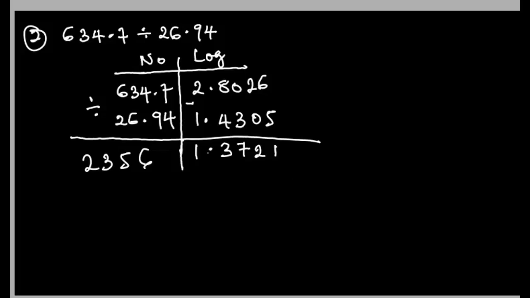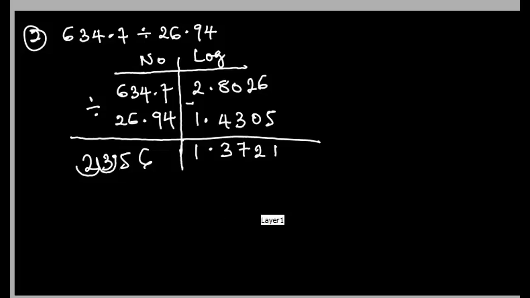And then as we know, look at the whole number here is 1. To get the antilog, we always add an extra 1 to our whole number. So if I add an extra 1 to the whole number, it becomes 2. So I'll move my decimal 2 times forward, and anywhere you stop, you put your decimal.